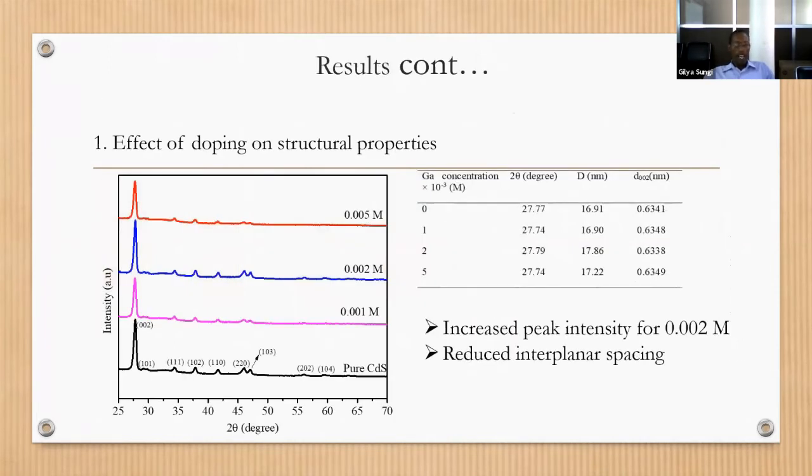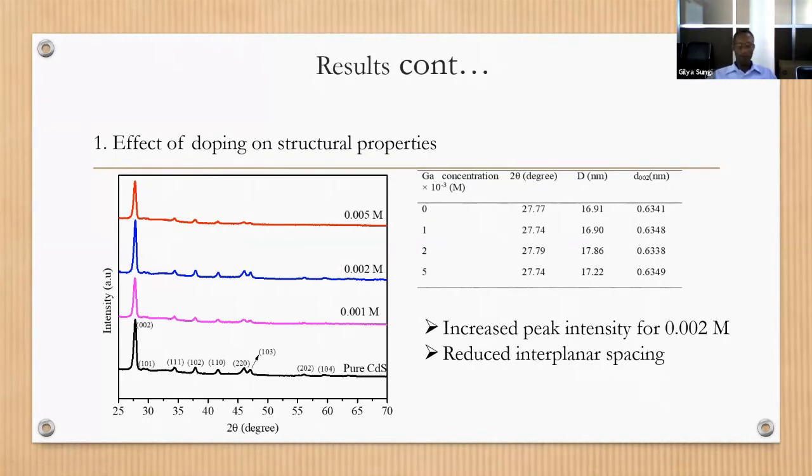Again, we did the characterization of the prepared films, including XRD characterization. These were the peaks found for the films prepared with different gallium concentrations. This was the concentration of gallium. This was for pure, undoped cadmium sulfide.